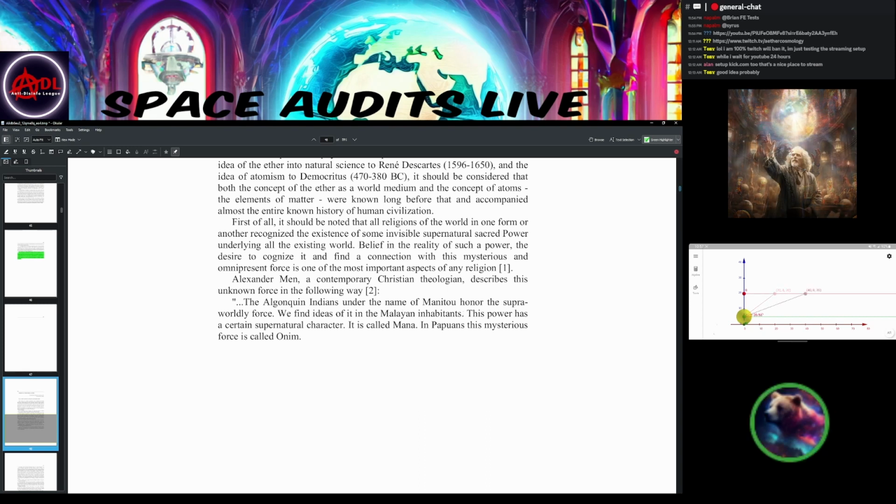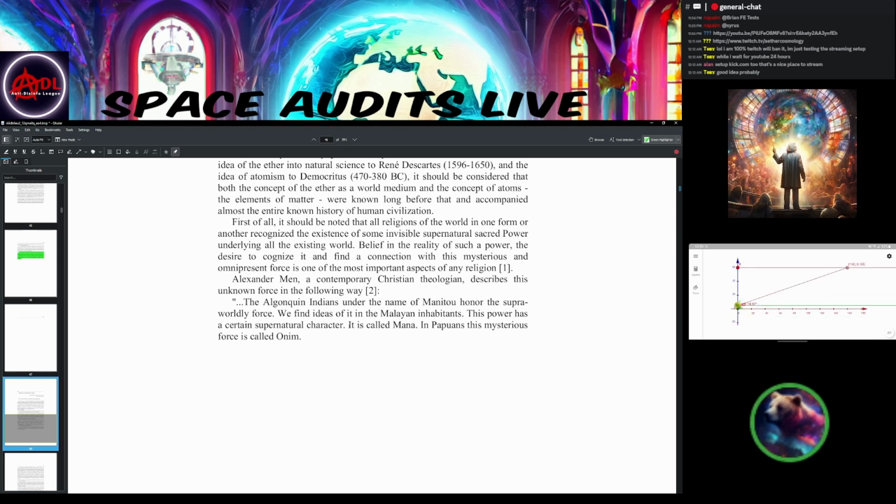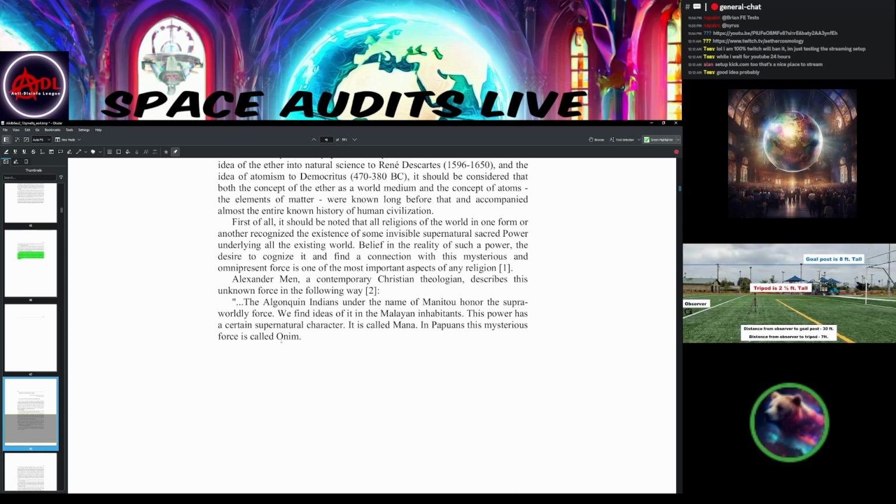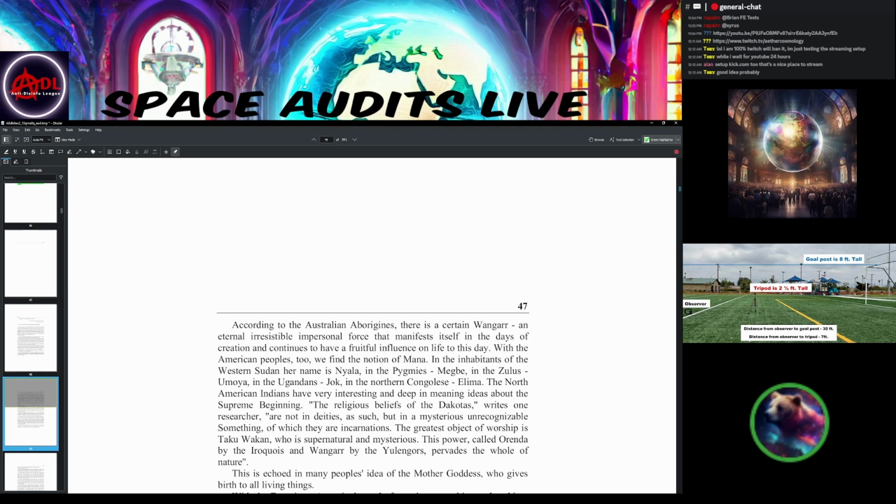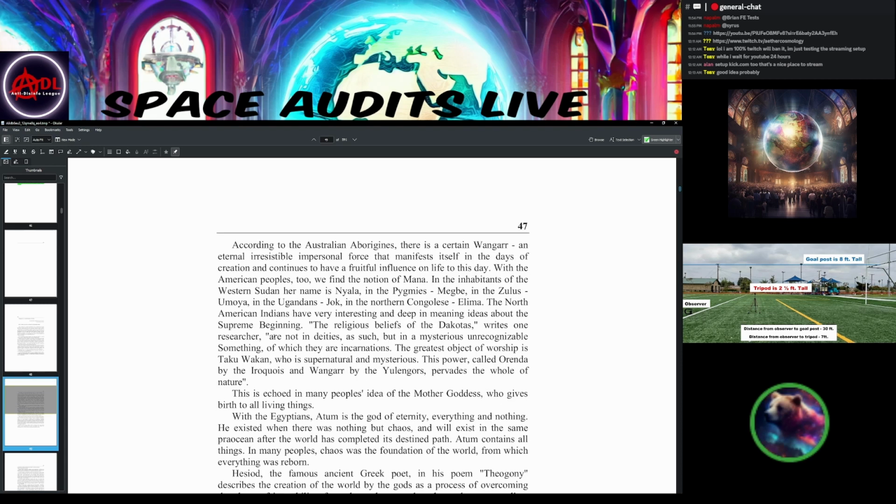We find ideas of it among the Malayan inhabitants. This power has a certain supernatural character. It is called mana. In Papua, this mysterious force is called the Omnin.